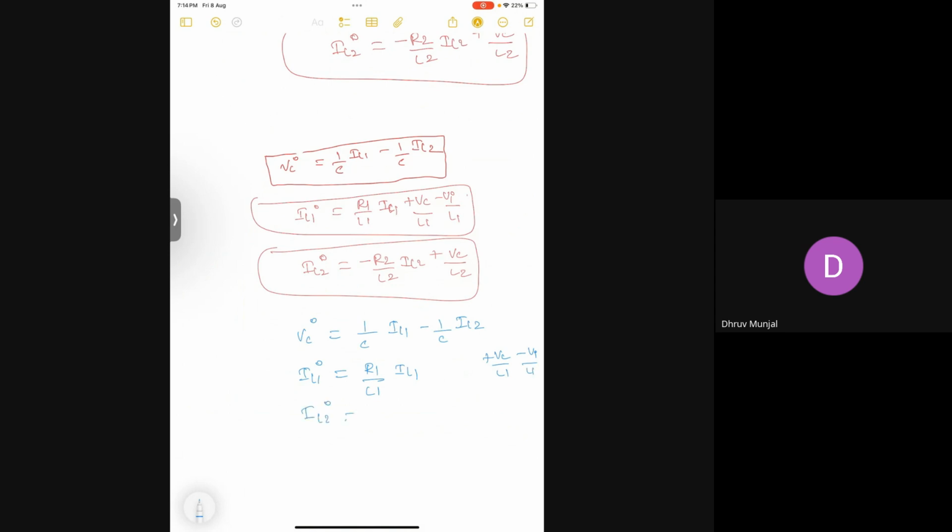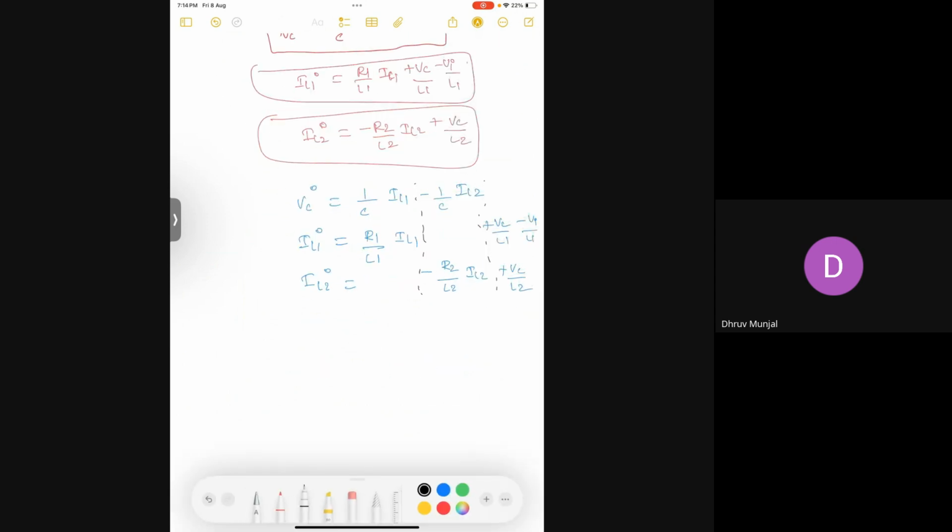IL2 dot is equal to minus R2 by L2 IL2 plus Vc by L2. So I've just written it in this form to write the state space equations easily. Right. Just rewriting in terms of a matrix.